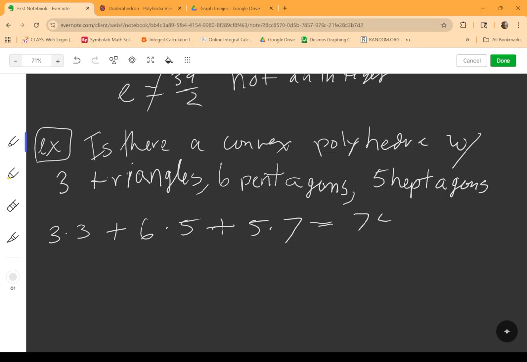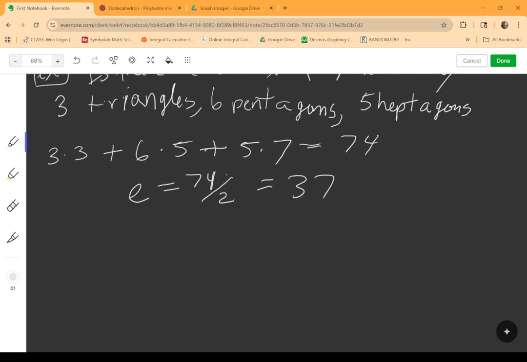So this is at least theoretically possible, since we get edges to be 74 over 2, which gives me 37. So 37 possible edges. Okay, so at least we could see that the math is possible. So let's take a look here.